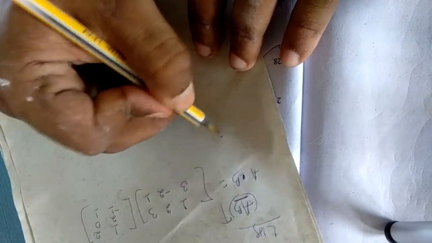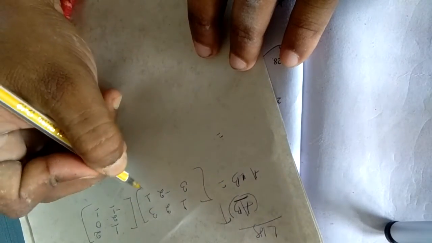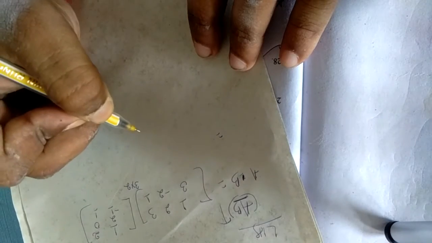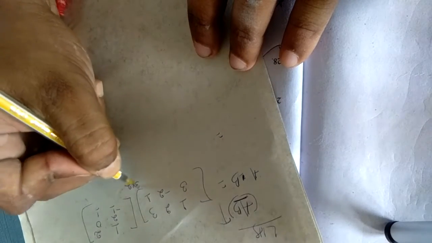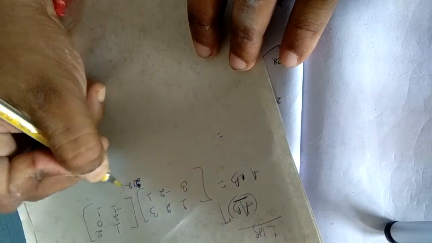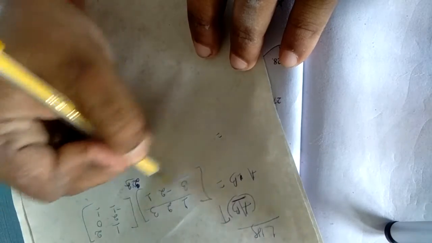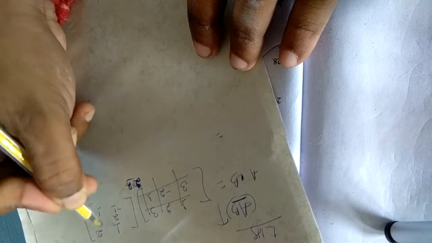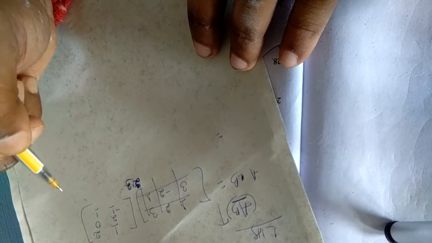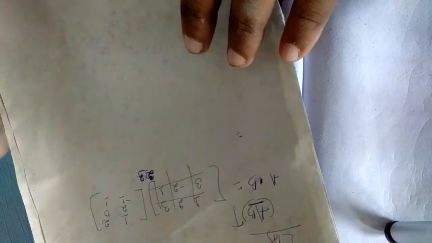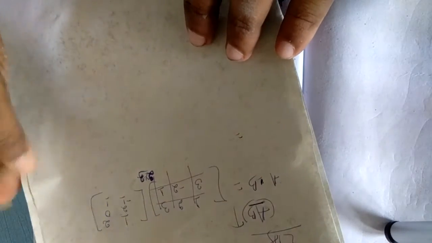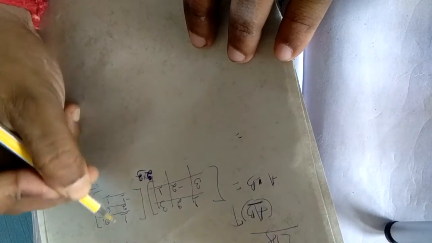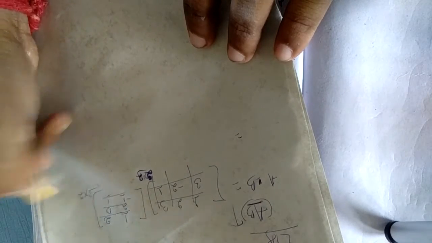A is a matrix of 2 rows and 3 columns, that is 2 by 3, and B has 3 rows and 2 columns, so it is a 3 by 2 matrix.